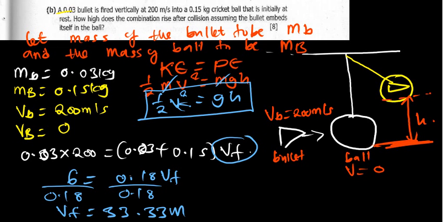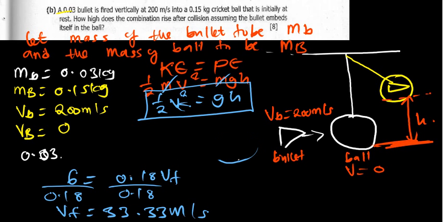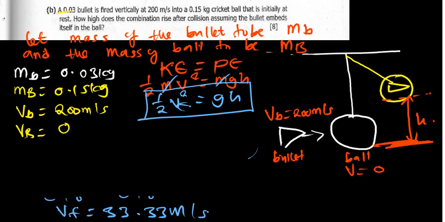Now using that other formula, that is my final velocity. We know that when it was down here, it had kinetic energy. As it was going up due to height, the kinetic energy was being converted to potential energy. That's why I've said kinetic energy is equal to potential energy.